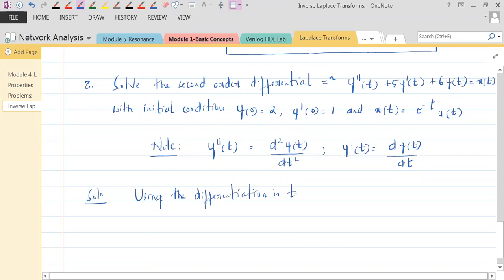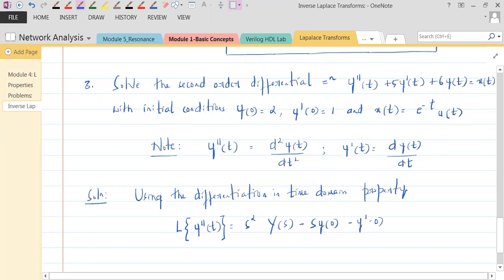The Laplace transform of the second order differential is given as s square into capital Y of s minus s into small y of 0 minus small y dash of 0. See, y of 0 is given and y dash of 0 is also given.